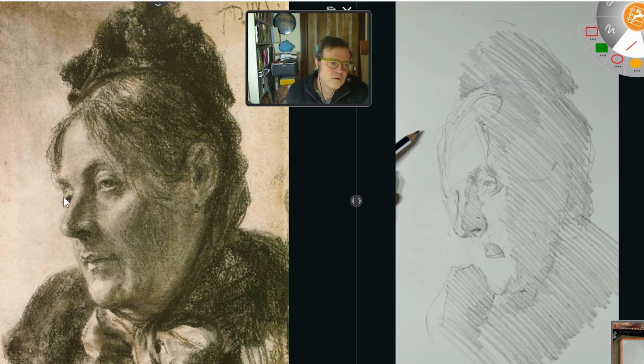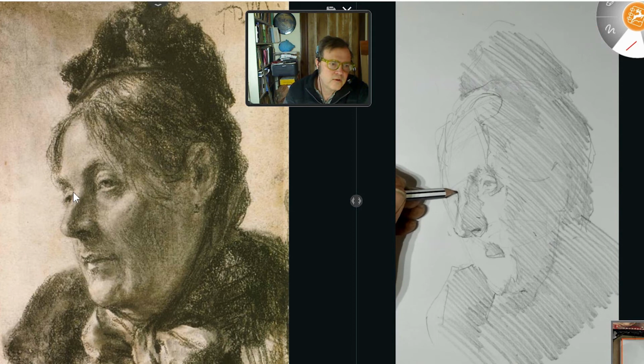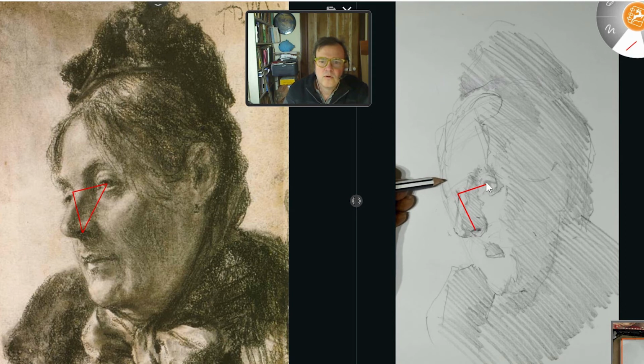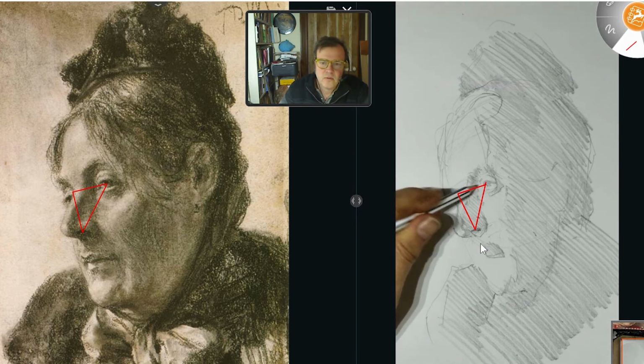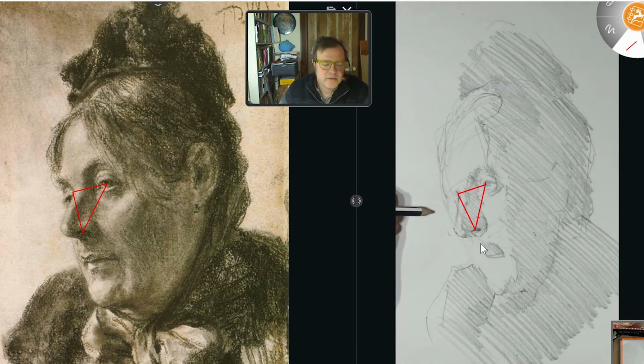So you just sort of imagine a triangle from the bridge of the nose to the pupil, down to the nostril, and back again. And if I can do the same thing in my drawing, you can see that the shape of the triangle is the same. And if you're on the right track in your drawing, you're going to see the same thing. You're going to see this triangle is exactly the same shape as it is in our reference.